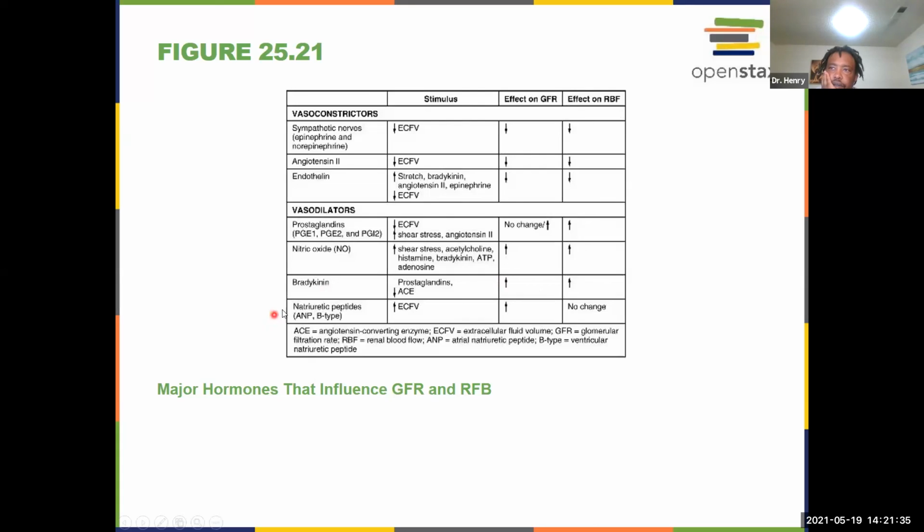And then natriuretic peptides. They're peptides that are going to stimulate the kidney to excrete sodium, to get rid of sodium. They also are going to cause the ECF to increase. They're going to cause the GFR to increase, but it's not going to have an effect on the flow rate.